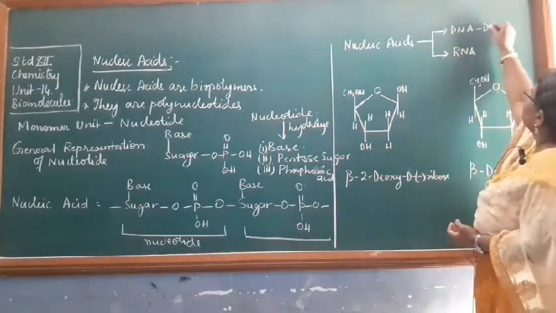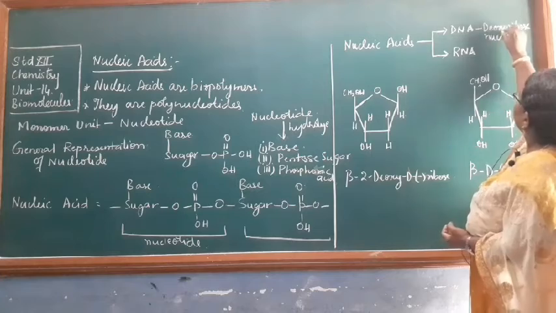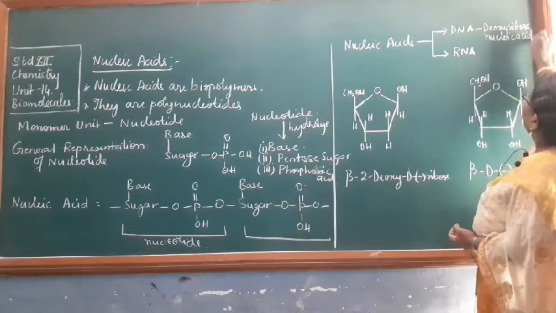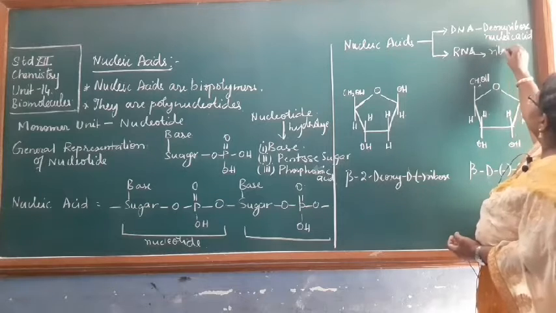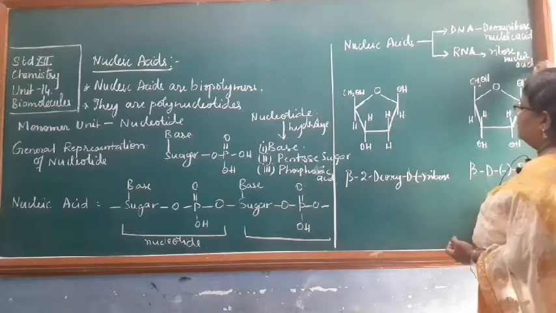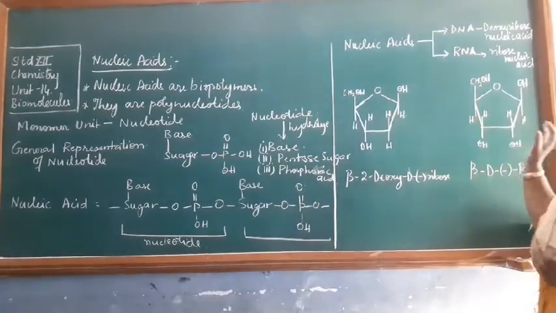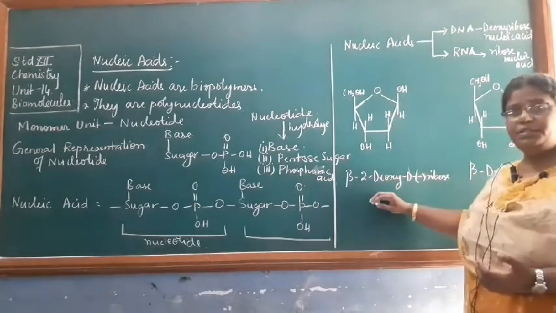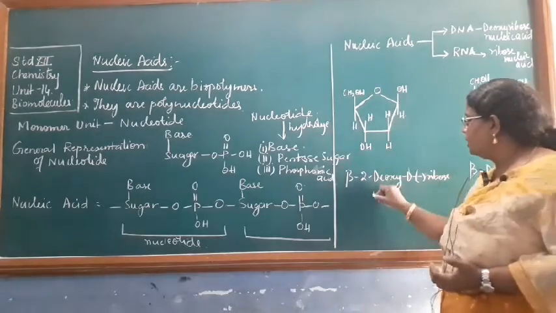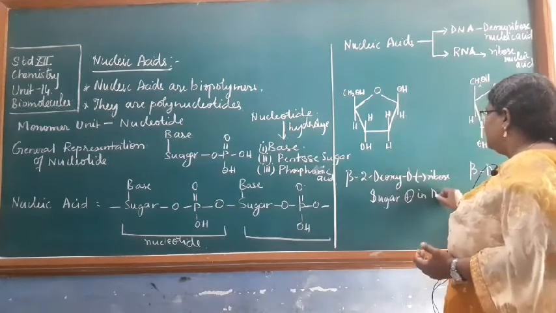Now nucleic acids are of two types, DNA and RNA. What is DNA? It is deoxyribose nucleic acid, and RNA is ribose nucleic acid. What is the difference between deoxyribose nucleic acid and ribonucleic acid? Here the pentose sugar varies.